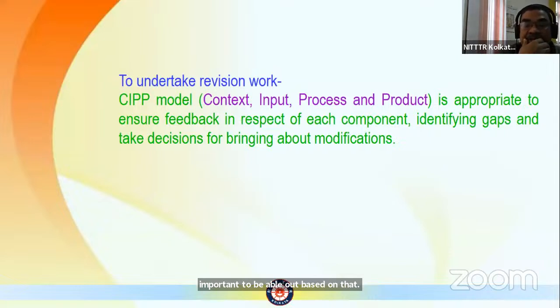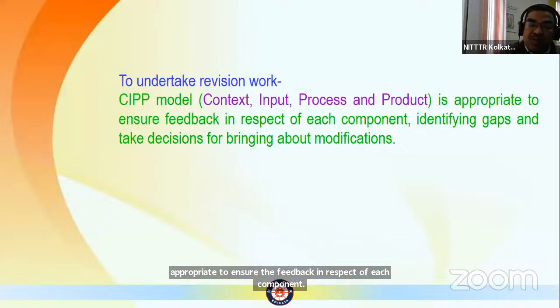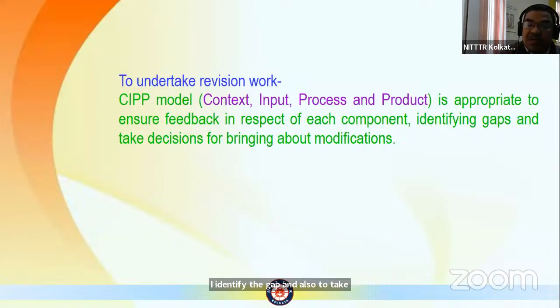There are different approaches in the curriculum revision process. One such process is popularly known as CIPP: context, input, process, and product. This particular model is appropriate to ensure feedback in respect of each component, identify the gap, and also take decisions for bringing about modification.